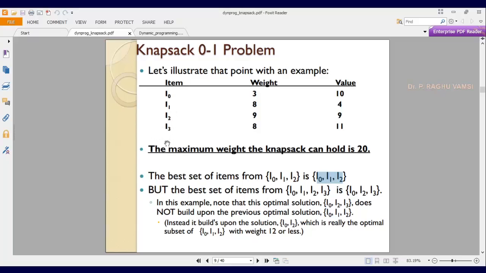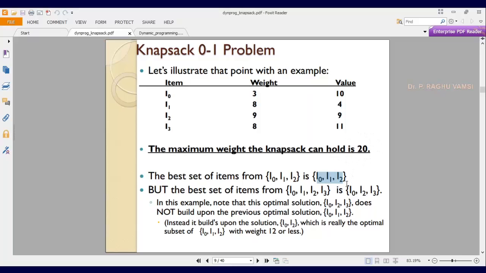But if you consider all the items, then the best set is I0, I2, I3, where I0 is 3 and I2 is 9, which is 12, and I3 is 8, which makes 20. So in the previous case we achieved 20, the maximum weight that can be held, and in the second case also we achieved a weight of 20.